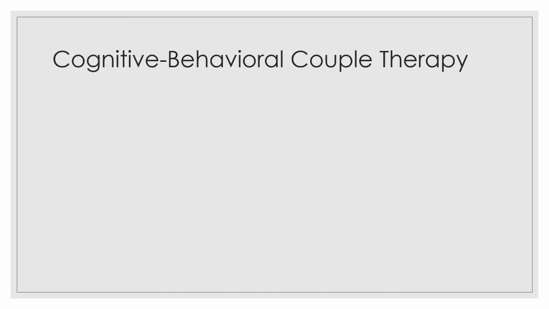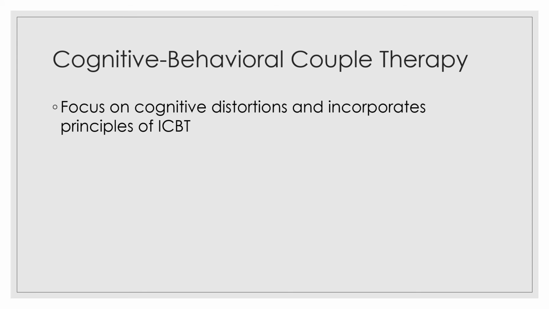Another subset of this approach to couples therapy is cognitive behavioral couple therapy. Here we focus on cognitive distortions, and we bring in the concepts that we talked about with integrative couples behavioral therapy.